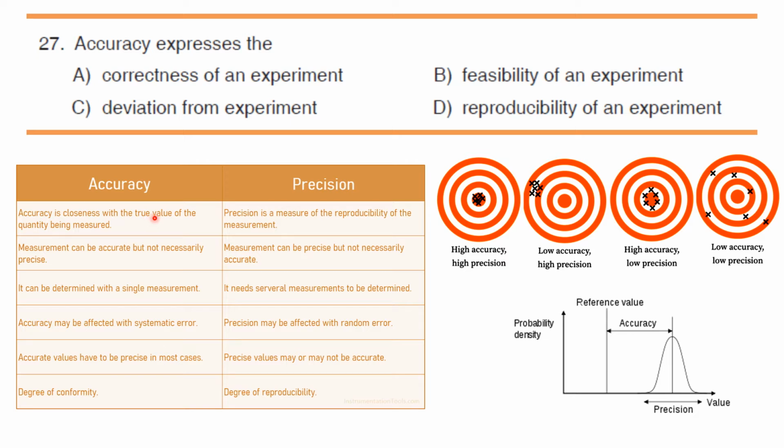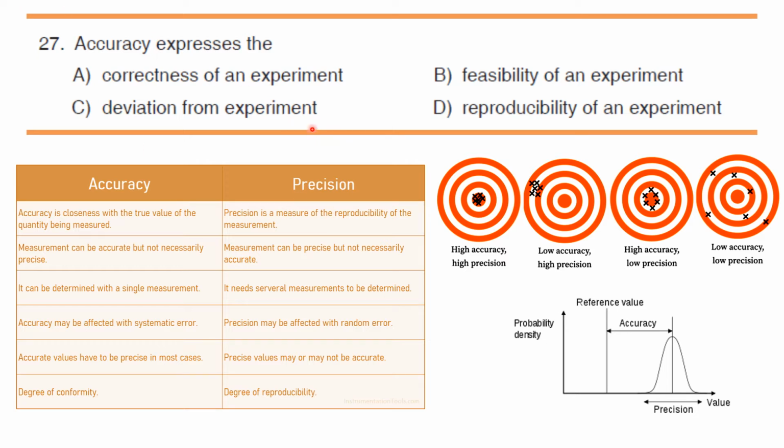For expressing accuracy, you always need a reference value or a true value. But precision, on the other hand, is very different from accuracy. In precision, you are measuring the reproducibility of the measurement. Consider the same example, the length of a box.